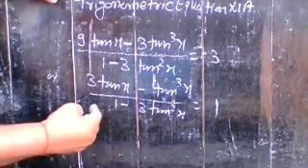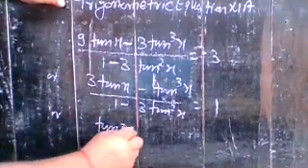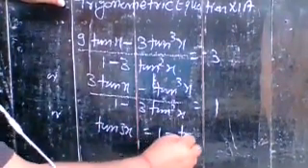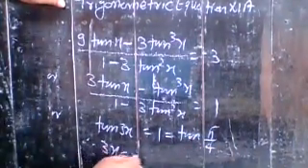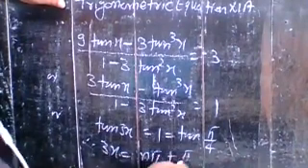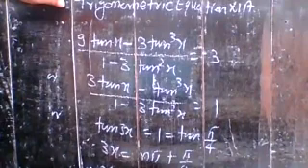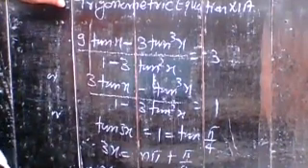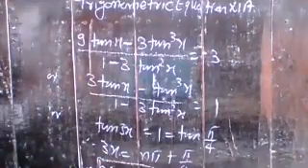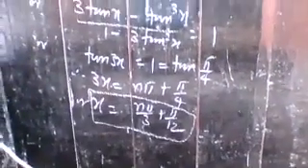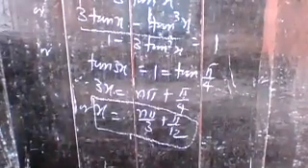Here you have the formula for tan 3x. So tan 3x is equal to 1, and 1 is what? tan π/4. So you have 3x is equal to nπ plus π/4, or your answer is x is equal to nπ/3 plus π/12. So that is your final answer.